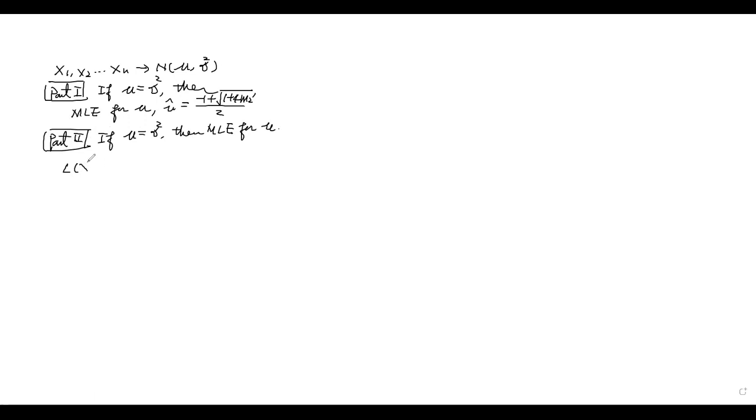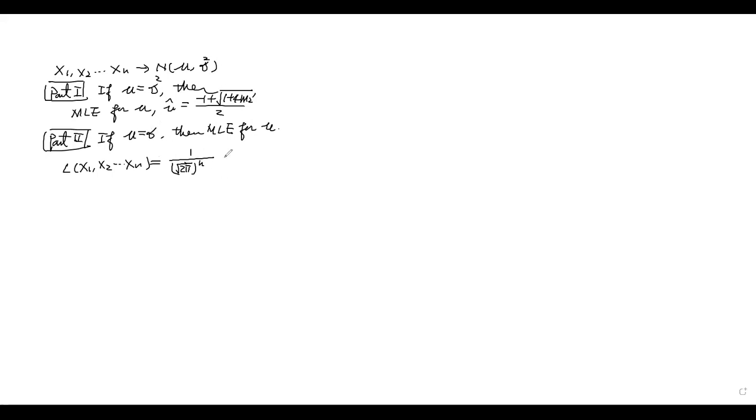So this will be for x1, x2, and xn. We know the PDF of the normal distribution, right? So this will be one over the square root of 2 pi to the nth power, and here will be sigma, right? But now, I need to be careful here. It's mu equal to sigma.